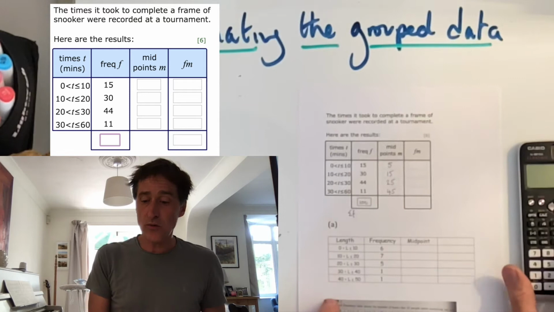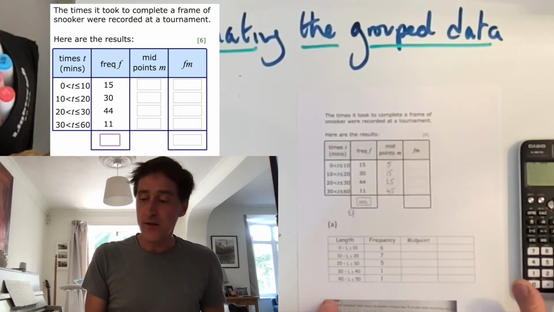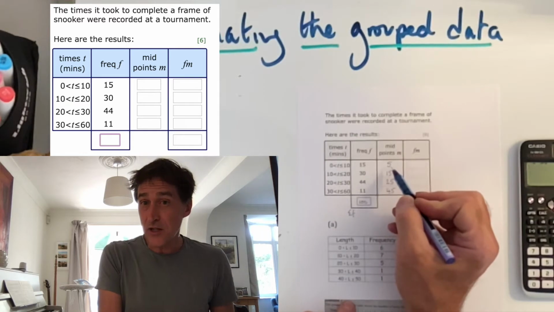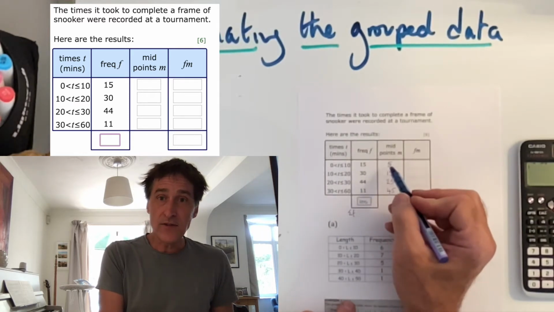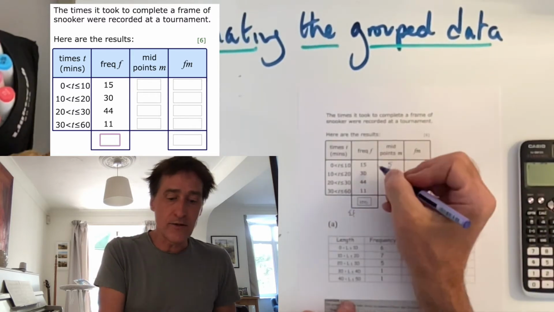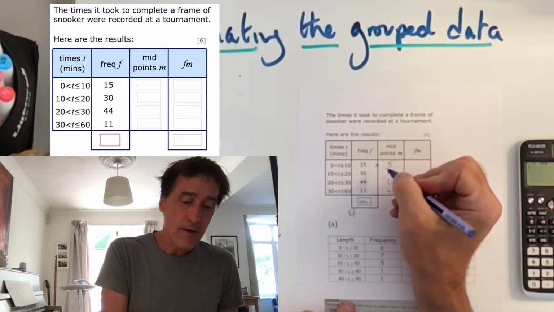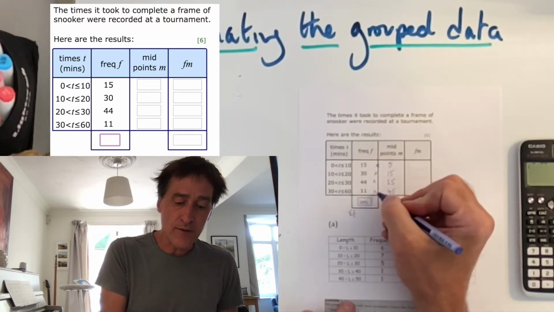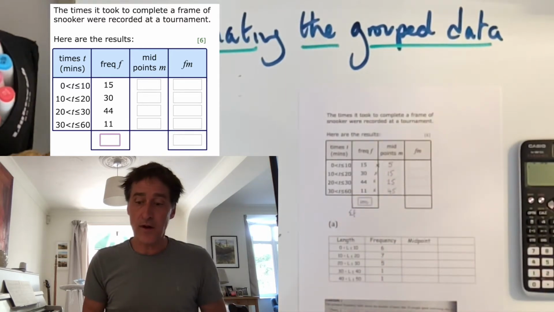Now the question is, what's the total time of all 100 games? In order to do that, 15 games on average took 5 minutes, so 15 games took on average 5 minutes each one. Overall, it's 15 times 5, 30 times 15, 44 times 25, and 11 times 45.